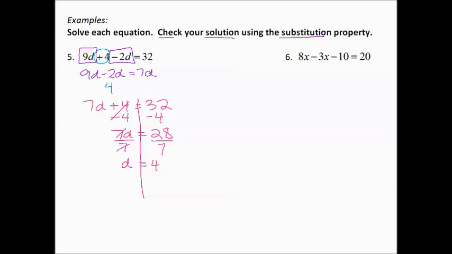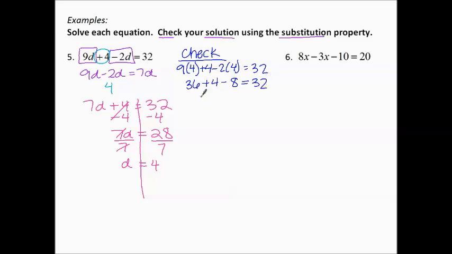Now I want to check my solution. My equation said that I got d is equal to 4. So let's just make sure that that's true. So I'm going to go back to my original equation and substitute 4 in for d. 9 times 4 plus 4 minus 2 times 4 equals 32. 9 times 4 is 36, plus 4, minus 2 times 4, which is 8, should be equal to 32.